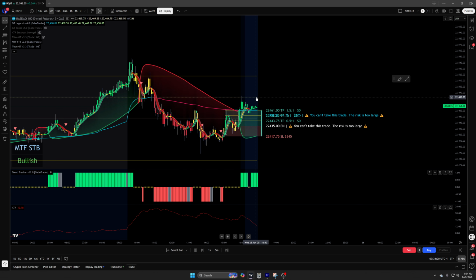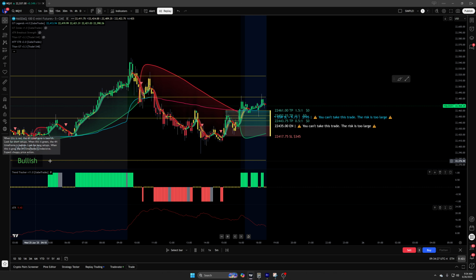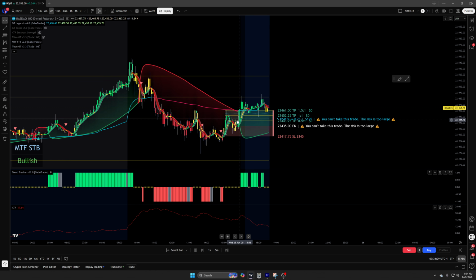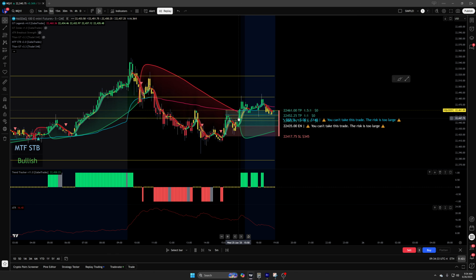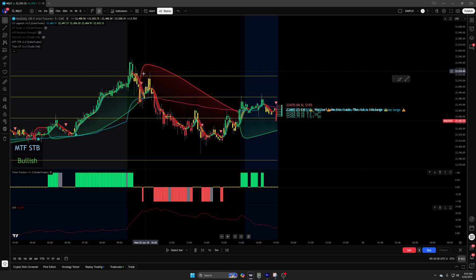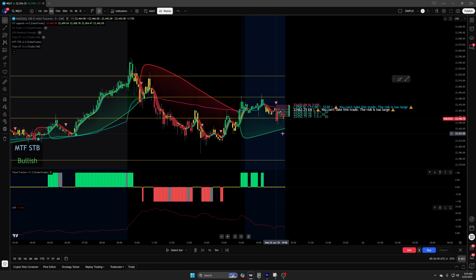Of course, we had some levels there. I wasn't really too concerned because the STB was bullish through the night. And of course, I had got into the trade at the origin of the flip. This is the GT flip, this red right here, and this green right here.